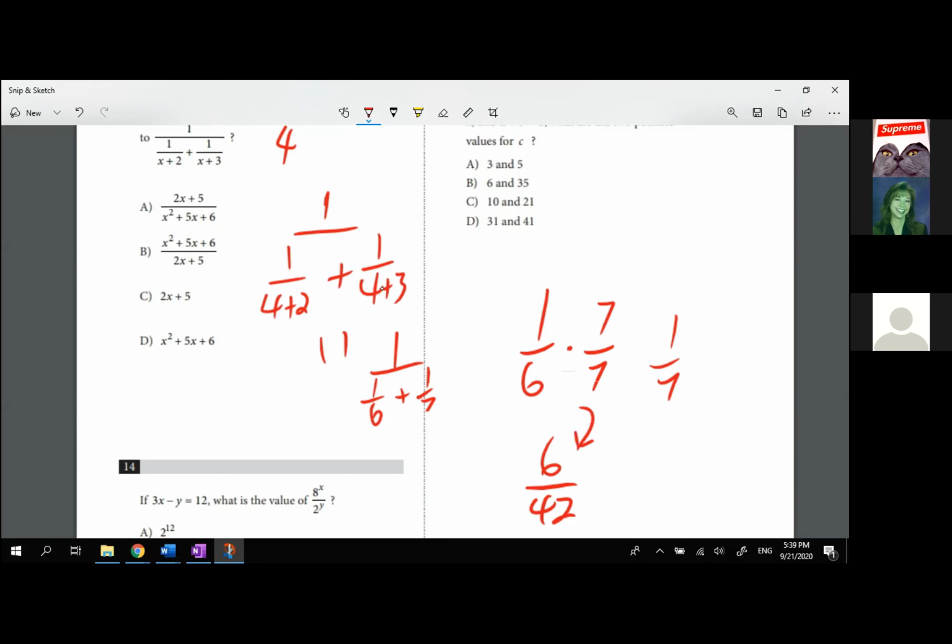So to get a common denominator for this 1/7, I can do the exact same thing. But this time I'm going to multiply it by 6 over 6. Is that really what I do?